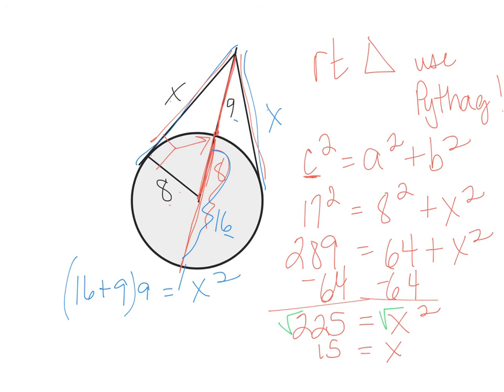So 16 plus 9 is 25, and 25 times 9 is 225. And when I take the square root of that, I end up with the same answer. So either way works.